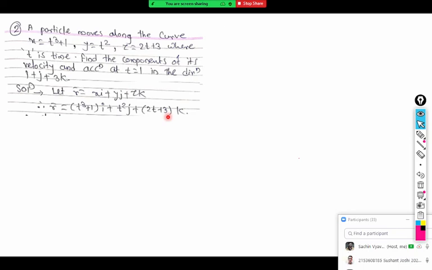Next step: first order and second order derivative. Yes, we compute the first derivative and second derivative to get the velocity vector and the acceleration vector one by one. So v bar is dr bar by dt and a bar is dv bar by dt. What is the v bar vector? You will observe clearly this is 3t square i plus 2tj plus 2k.